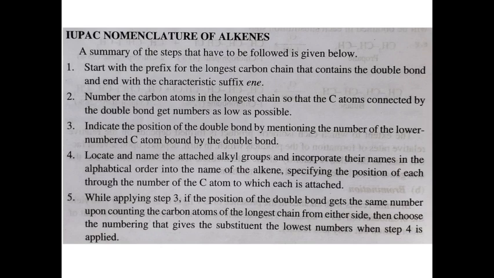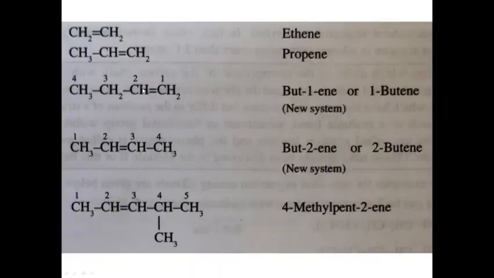For example, CH2=CH2 is ethylene or ethene, so there is no need to give an IUPAC name. CH3CH=CH2 is propylene or propene, and here also we don't need an IUPAC name. But for CH3CH2CH=CH2 we have to give the IUPAC name, because the carbon-carbon double bond can be at the first and second carbon atoms or at the second and third.